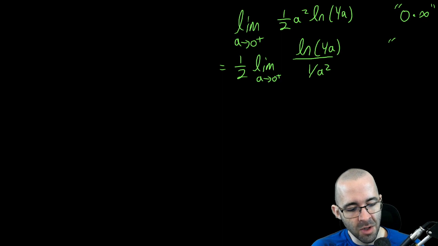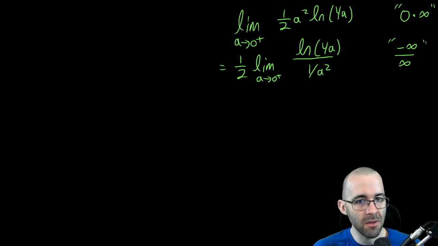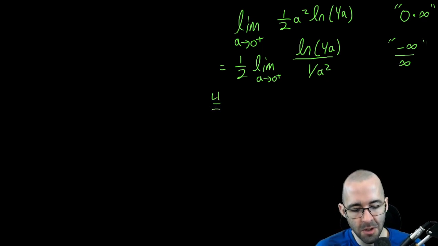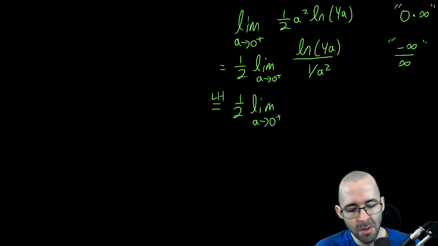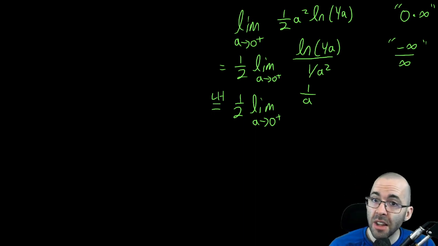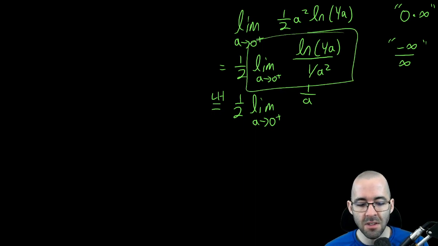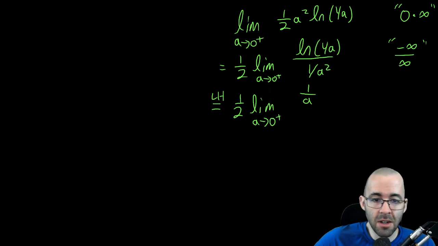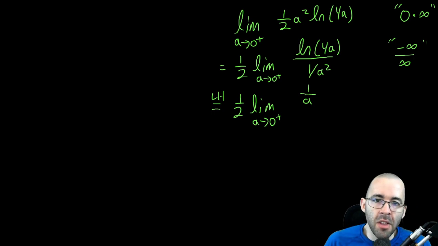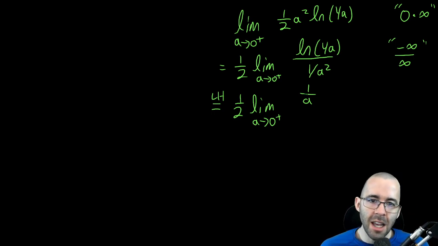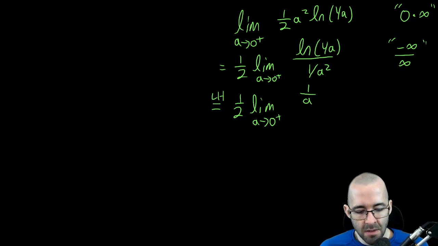And now, as we're going to 0 from the right, now we have negative infinity over positive infinity. This is an indeterminate form that we can directly apply L'Hopital's rule to. So we take the derivative at the top and we take the derivative of the bottom. Specifically we're taking the derivative with respect to a here, because these functions are with respect to a. You can put it in terms of x if you'd like. The derivative of that top with respect to a, we already calculated. It was 1 over a.